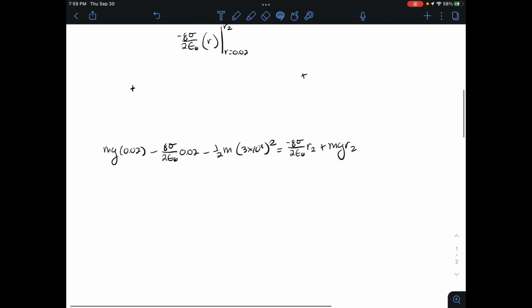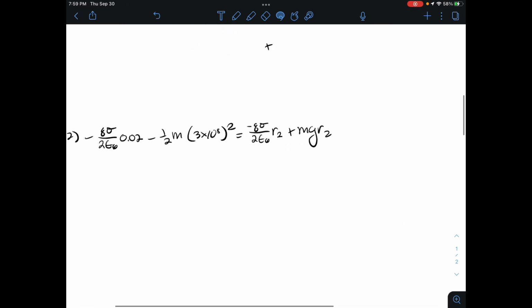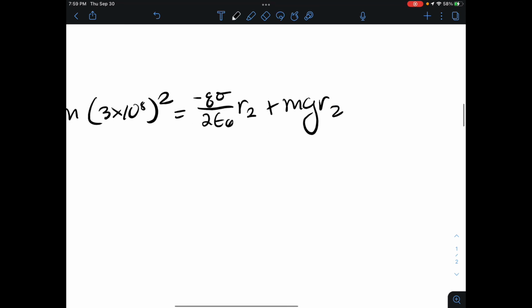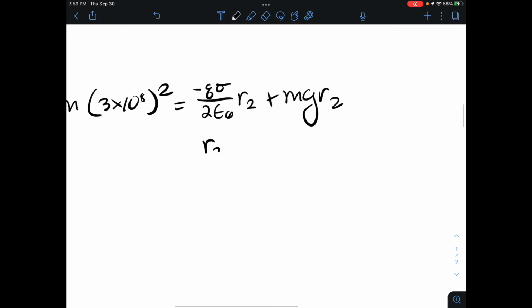Cool, efficiency. Now I'm not going to rewrite the entire left side, but I'm going to factor out this R2 from the left, and I'm going to just switch the order, so the negative is going to be on the other side. So that's just going to be R2 parentheses mg minus q sigma over 2 epsilon naught.